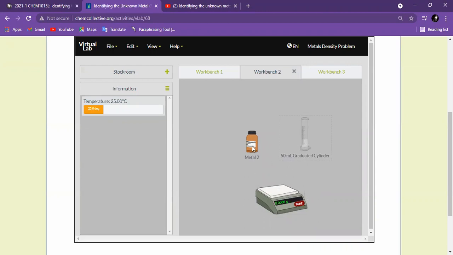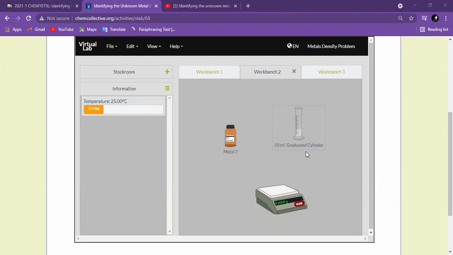Therefore, we will repeat the process and subtract the mass of the empty cylinder from the total mass of the graduated cylinder right now. Our answer is 195. So now we have to find the density of it.